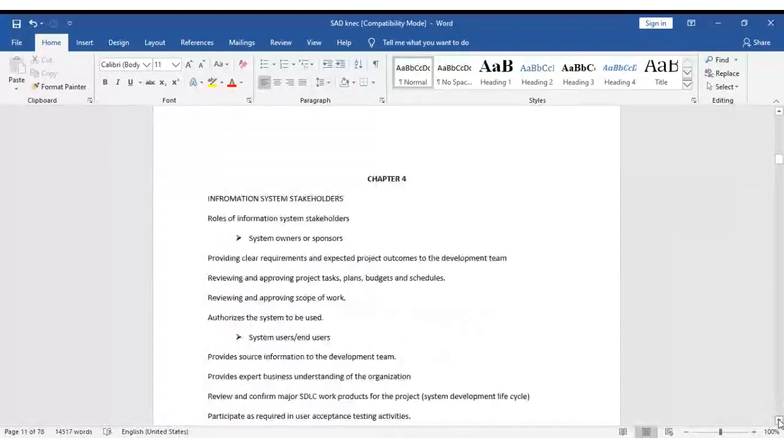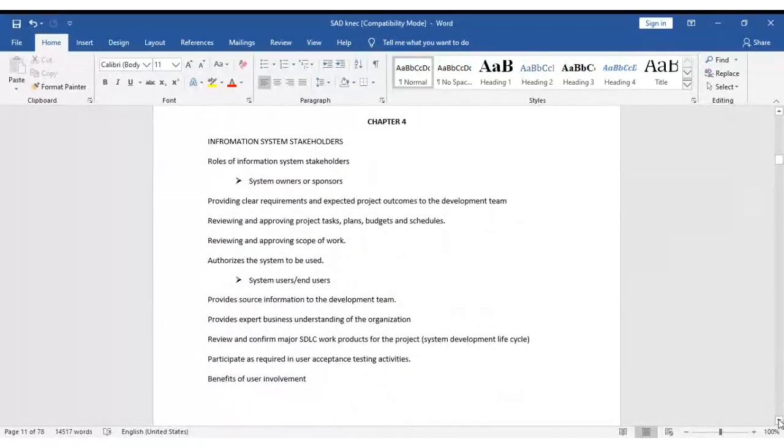Roles of information system stakeholders. We have the owners. These are people who own a part of or who are part of the development of an information system. Number one, system owners or sponsors.